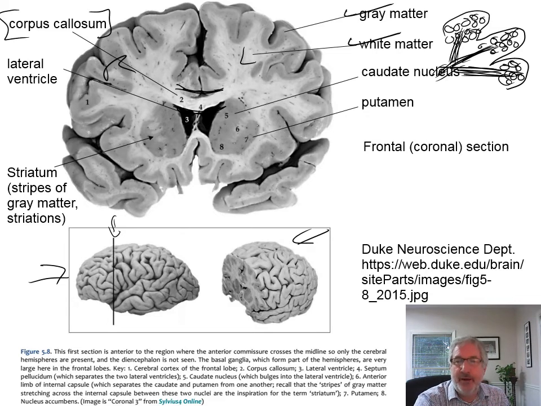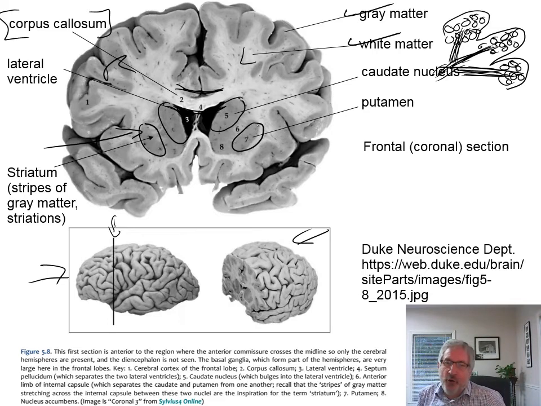There are a couple other things to point out here. This is a basal nucleus, and this is another basal nucleus here, and you have the same thing over here. You'll notice that these are kind of striped. You have stripes of gray matter going across white matter, and striations is another word for striping.